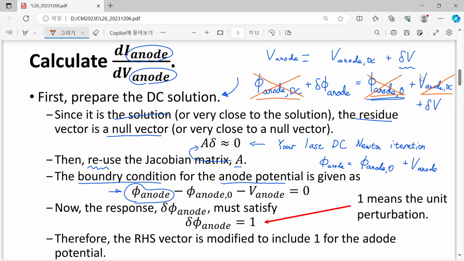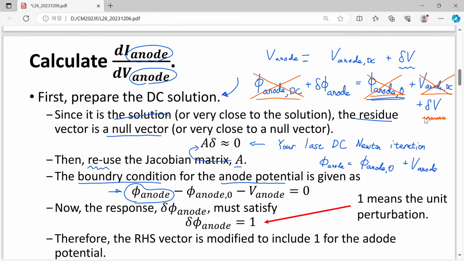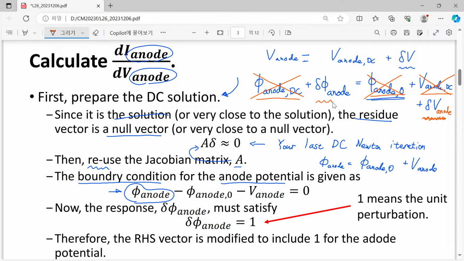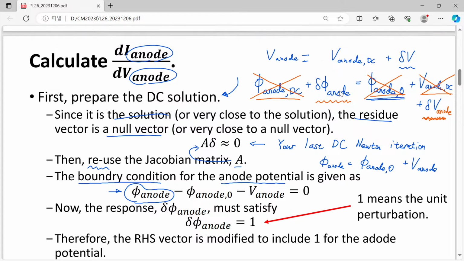Then, simply speaking, if you apply a certain small signal excitation to your anode voltage, this can directly affect the electrostatic potential of that node. That sounds really natural and reasonable.